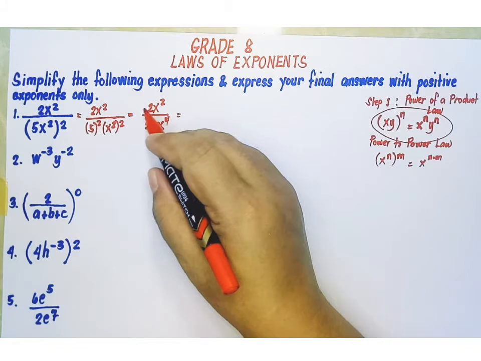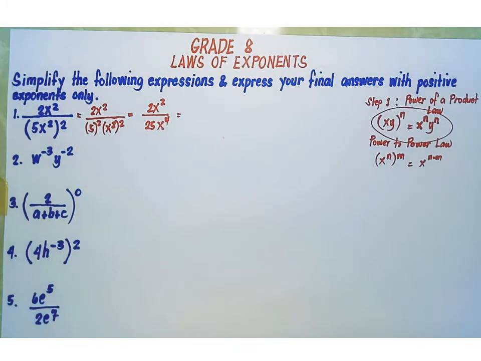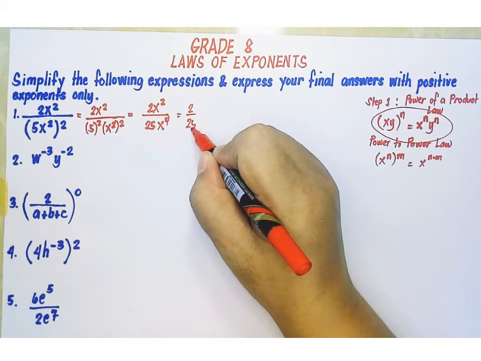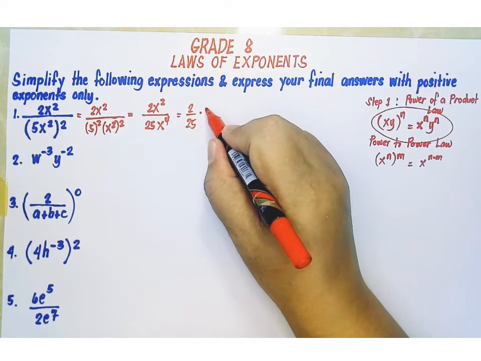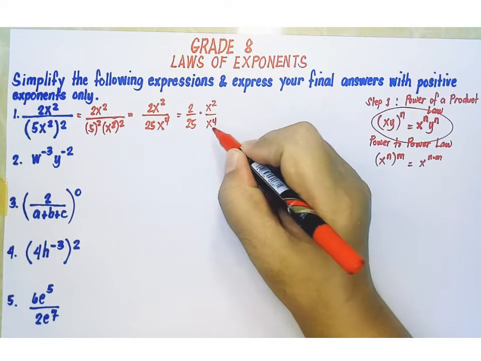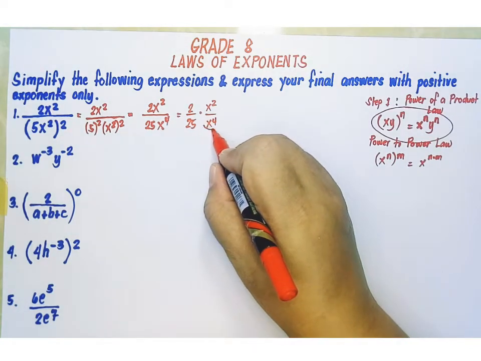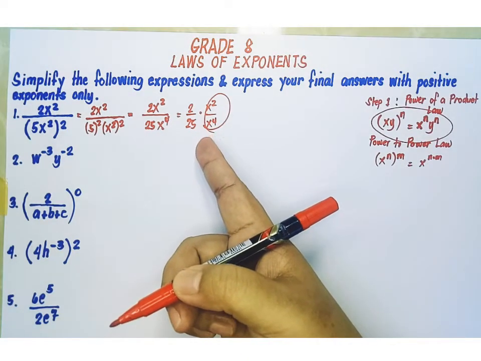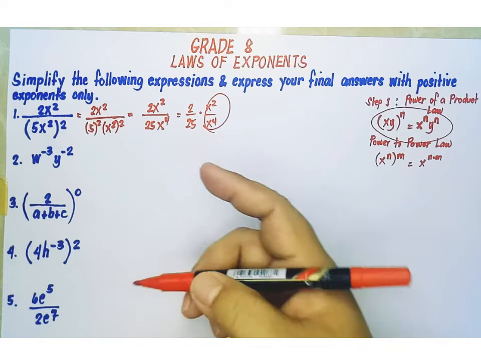So, eto na yung lowest term, 2 over 25. So, i-rewrite natin yan na 2 over 25 times x squared over x to the 4th power. So, dito naman, we're going to use the quotient law of exponent.